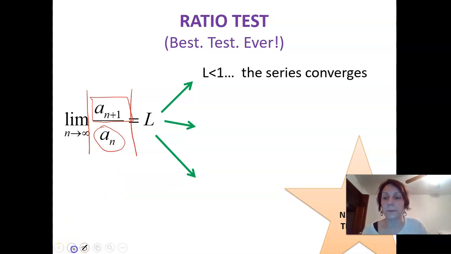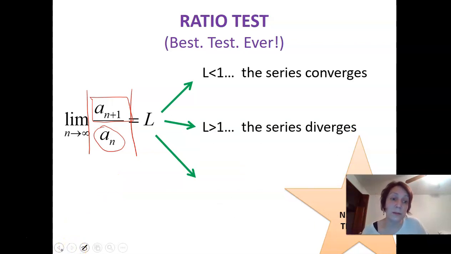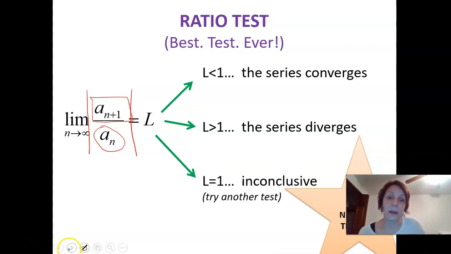So that's good news. If it comes out greater than 1, the series diverges. The only way this test fails you is if it comes out to exactly 1. So if your limit comes out to exactly 1, you've got nothing and you have to try another test. I'm guessing they can't do that to us this year since there aren't any other tests. So that's good news, I guess.